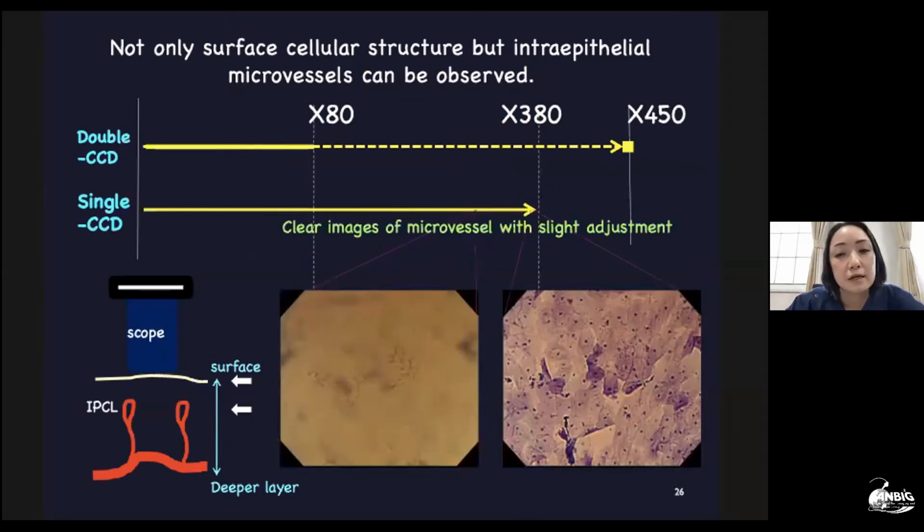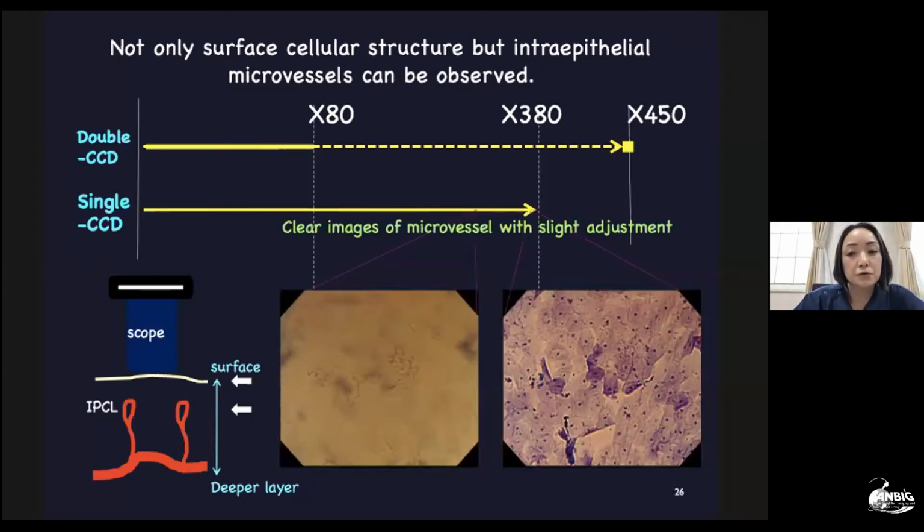With this kind of integrated single-lens endocytoscopy, we can observe not only surface cellular structure, but also intraepithelial microvessels. If you maximize the magnifying power, you may see the most superficial cellular structure, just like the right picture on the slide.